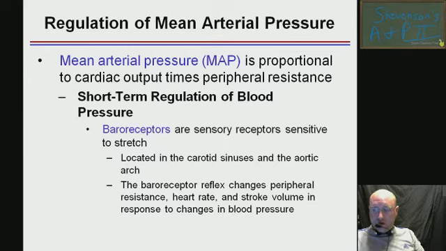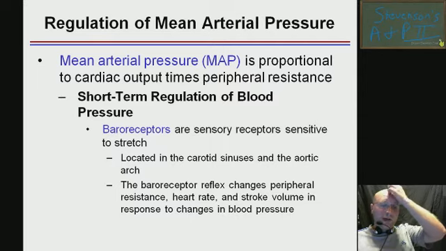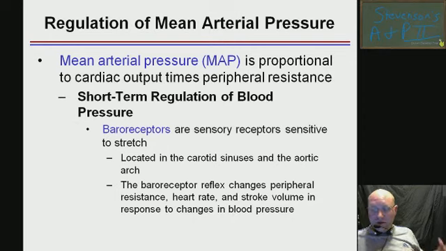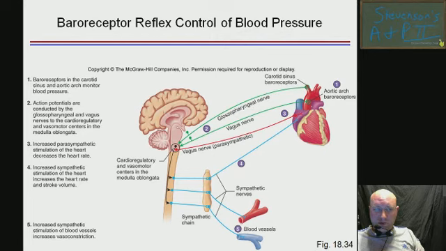Short-term regulation of blood pressure: the baroreceptors are sensory receptors sensitive to stretch. They're located in the carotid sinuses and the aortic arch. The baroreceptor reflex changes peripheral resistance, heart rate, and stroke volume in response to changes in blood pressure.